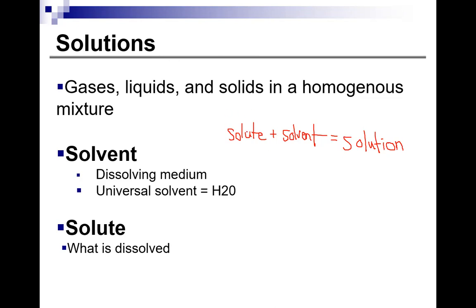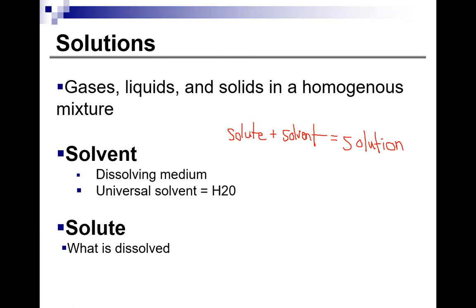And when we look at this, the solute is usually solid. The solvent is usually liquid when we typically think about it. But if you were mixing two liquids together, the one in smaller amount would be your solute and the one in larger amount would be the solvent, because you're dissolving the smaller into the larger.